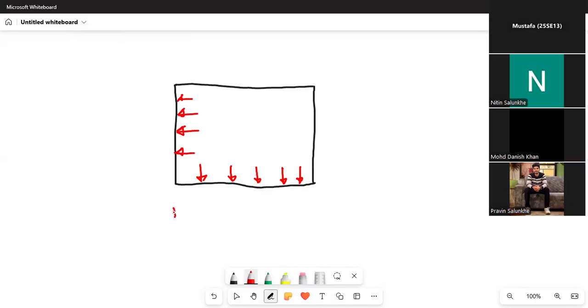I will take this as L, the length of the bunker with respect to plan, and this is the width of the bunker with respect to the plan. I'm drawing the plan of the bunker here.